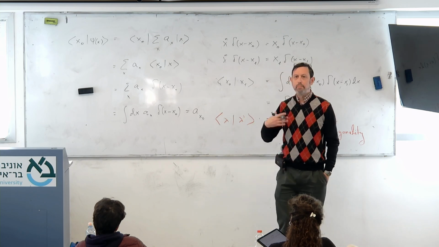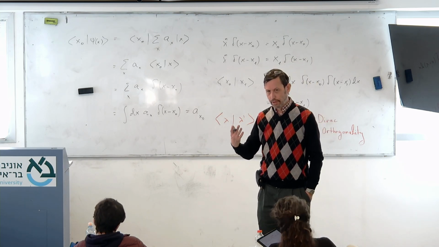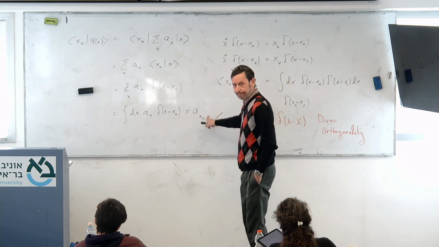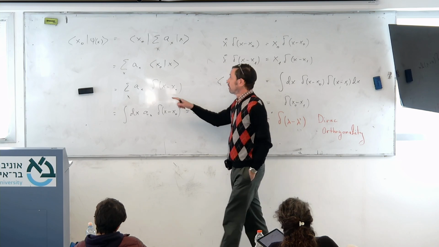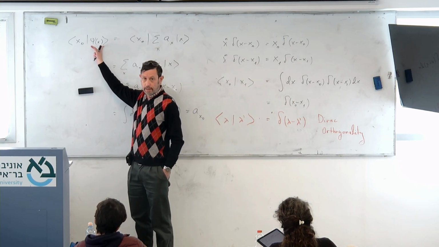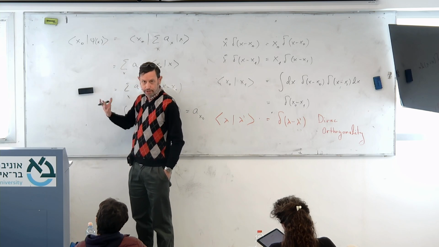That when I'm looking in the x representation on the wave function at point x0, it's just the scalar multiplication between the eigenvector at point x and the wave function, right?